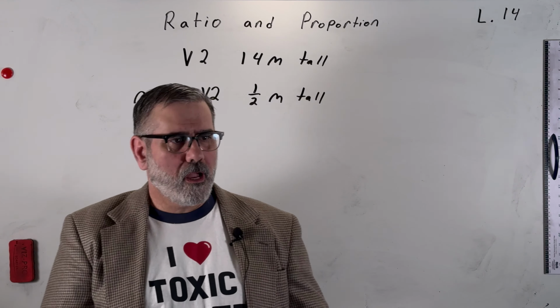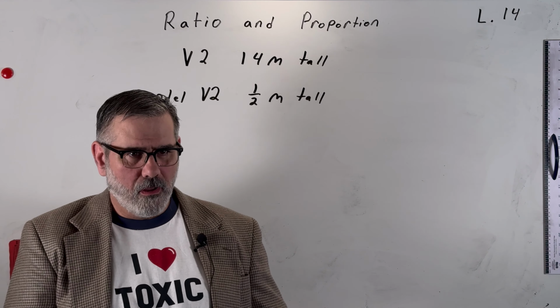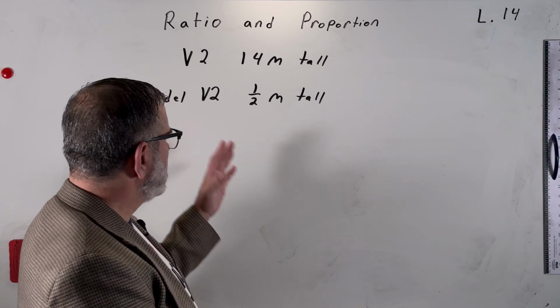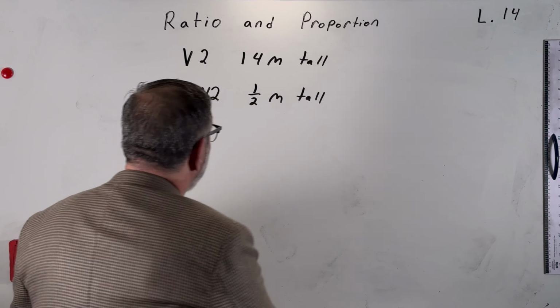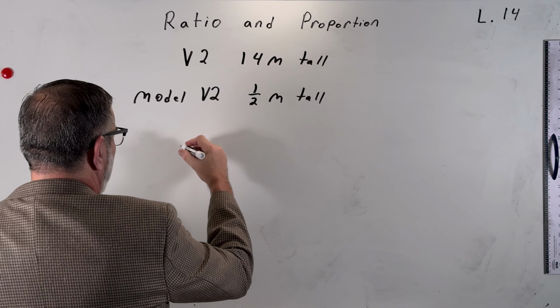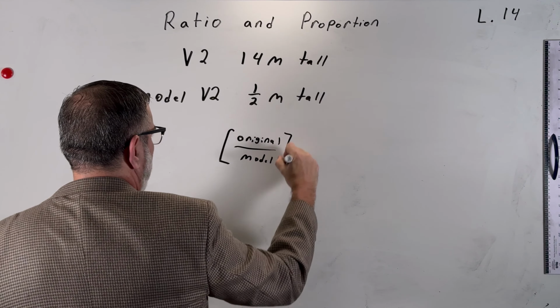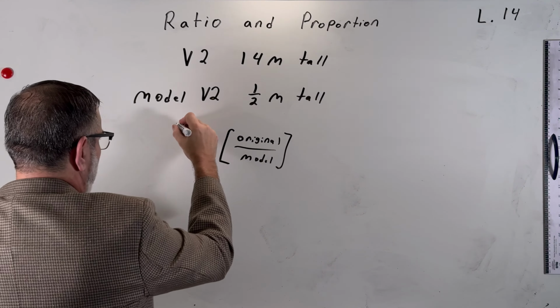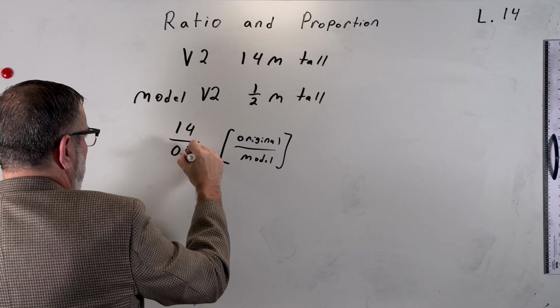So one of the common features that people do when designing things is they talk about a scaling factor. And so what we want to do is figure out what is the scaling factor by which this model was built. So we want to look at the original to model ratio. So the original was 14 meters, and the model was half of a meter.